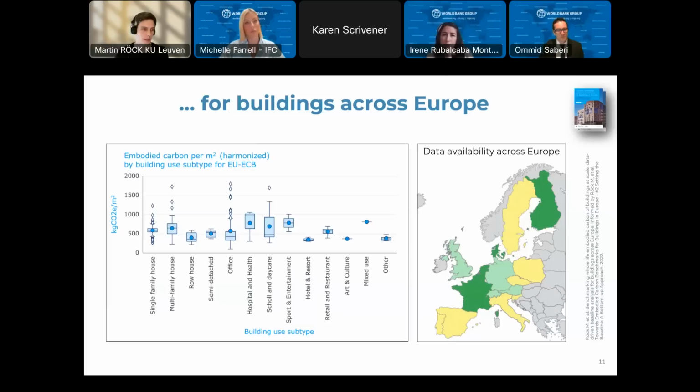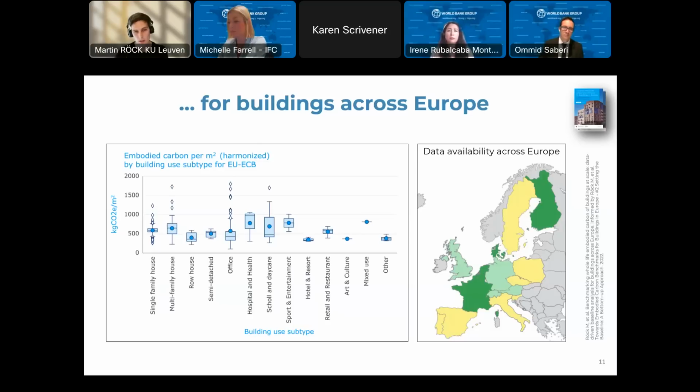Some building types tend to have higher values, other building types tend to have lower values per square meter of building. But also within the building categories, within the use categories, within the typologies, we see that there is a high potential for reducing embodied carbon, namely through smart design choices, through material efficiency, and through good building organization and layout. So a lot of things that can be influenced by architects and engineers.